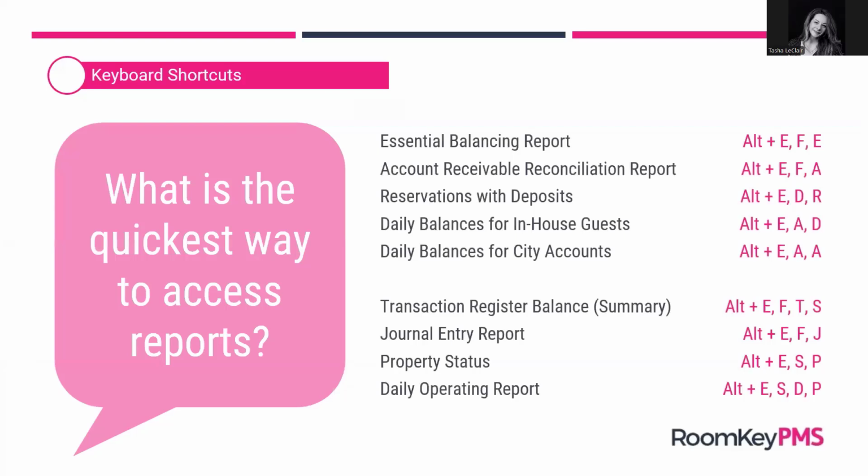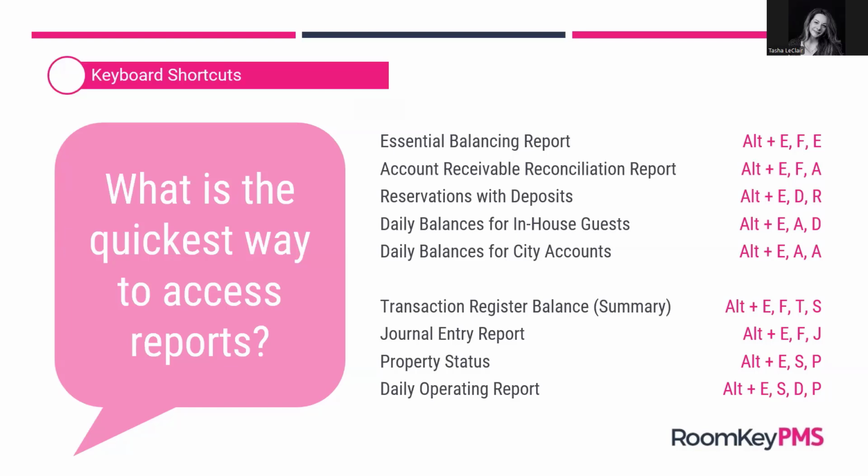I was going a little bit slow here, but I'm just going to show you a couple of those examples on screen. And like I said, these are the reports that we recommend for the night audit shift. So the night auditor is often printing out the essential balancing report, the account receivable reconciliation or ARR report. They may also be printing out the reservations with deposits, your daily balances for both in-house and city ledger accounts.